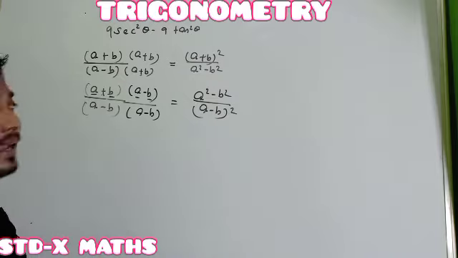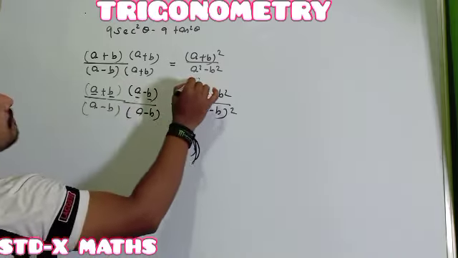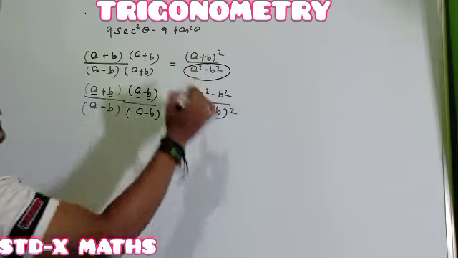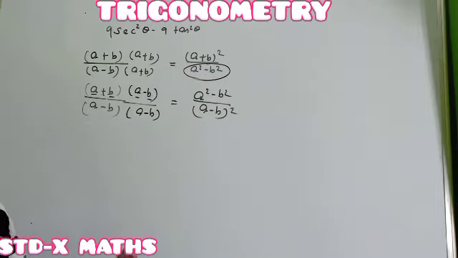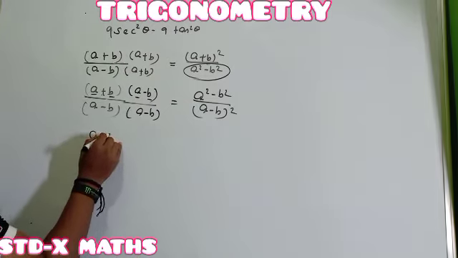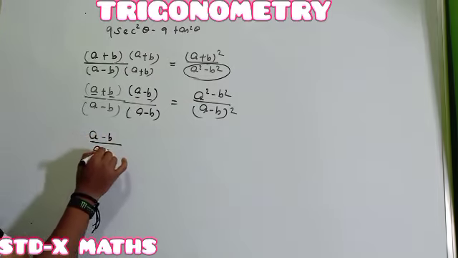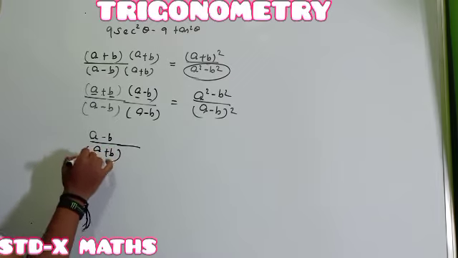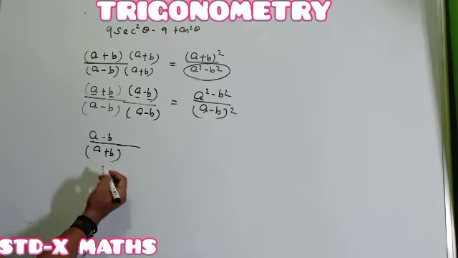But one thing: in most questions you will have to make the denominator a square minus b square. Ready? And see, suppose the question gives a minus b divided by a plus b, and you want to make the denominator a square minus b square.